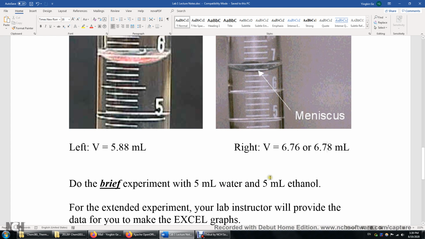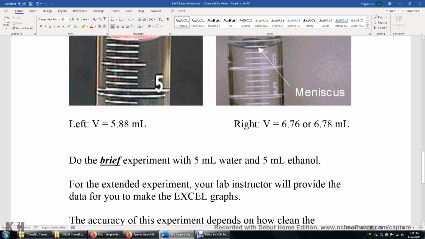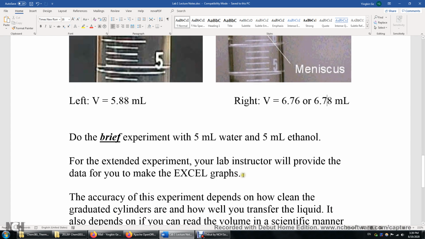And also, you may want to put 2 labels on the 2 cylinders. Label 1, label 2, 1 for water, 2 for ethanol. For the extended experiment part, I will give you some data for you to make the Excel graphs. I have a YouTube video on linear regression with Microsoft Excel. So watch that video as well.